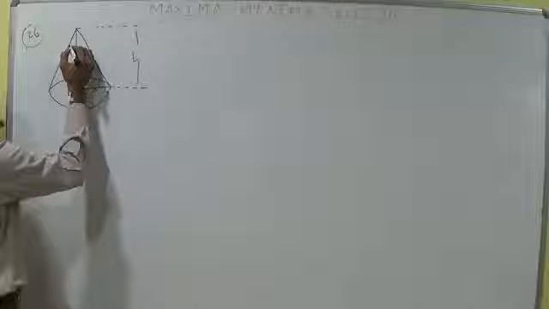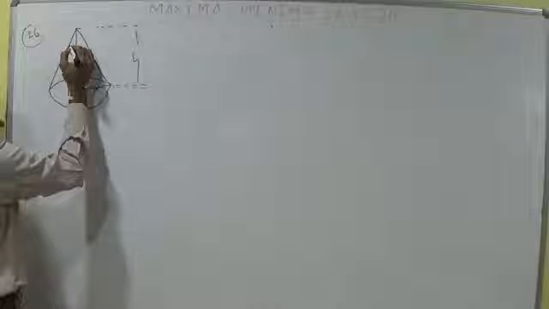With semi-vertical angle alpha, you can write the small part as h minus x. This is the base radius small r. You can put the points here: A, B, C, D, E, F, G. This is H, this is I.